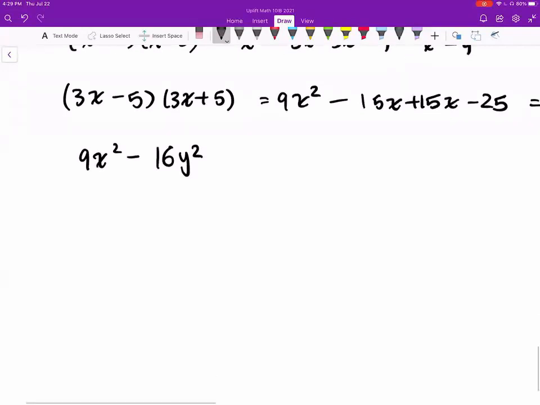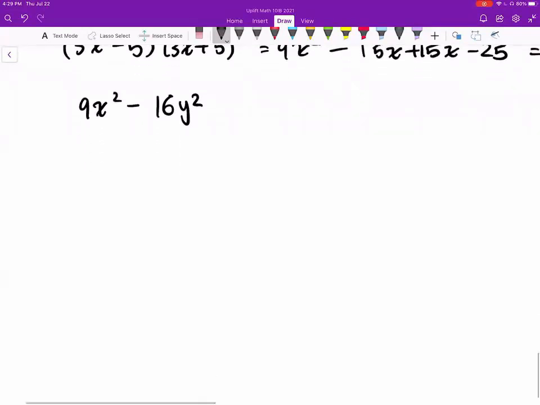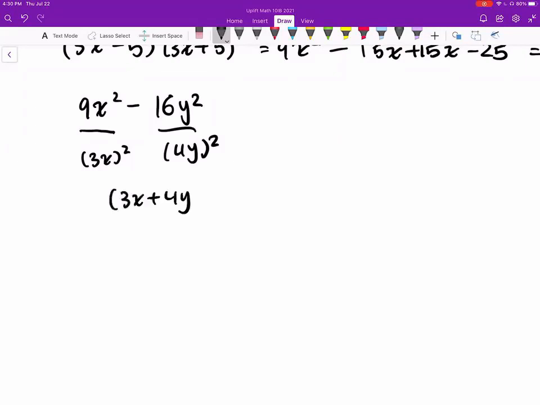Just by looking at this, we know that it's a difference of squares because firstly, the first term is a square of 3x, and the second term is a square of 4y, and the middle is a negative sign. So this is a difference of squares. Then we just substitute these into the general form. So 3x plus 4y times 3x minus 4y.